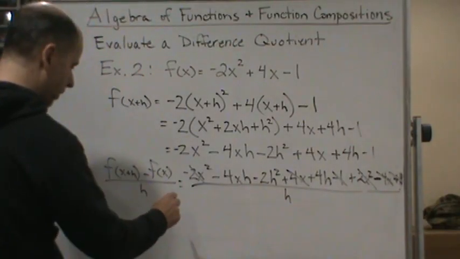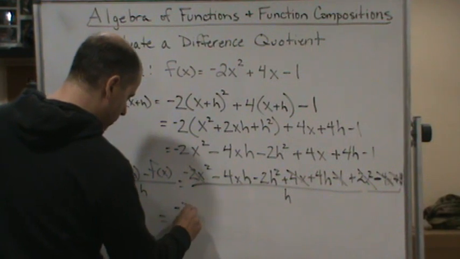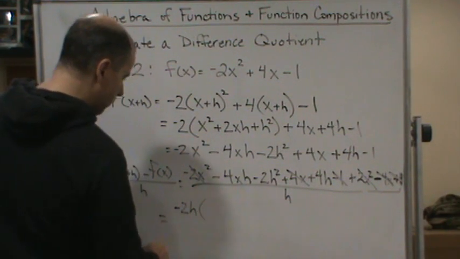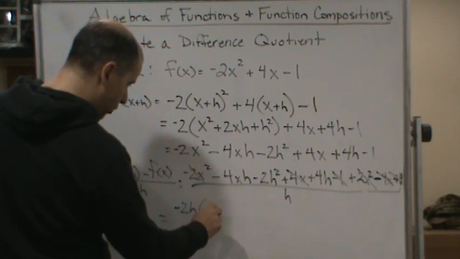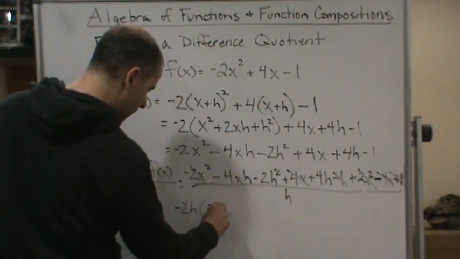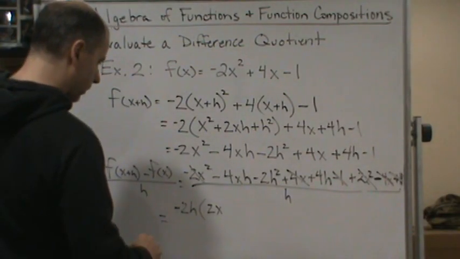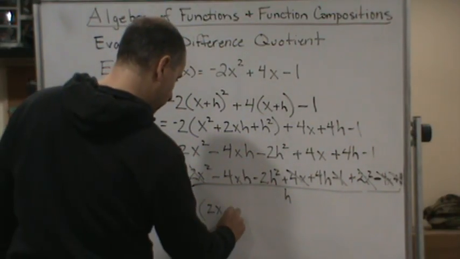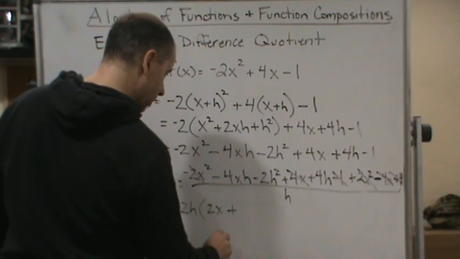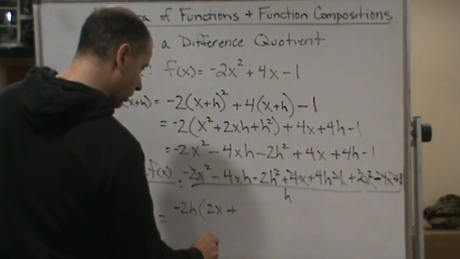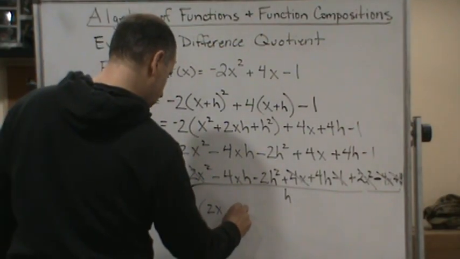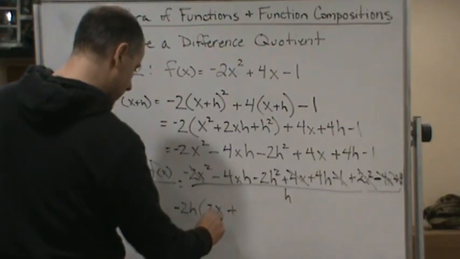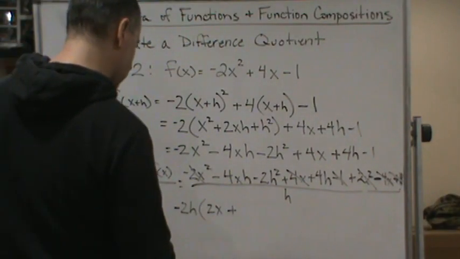Negative 2h. So if I factor out a negative 2h, what's left over? Let's see, hold on a second.